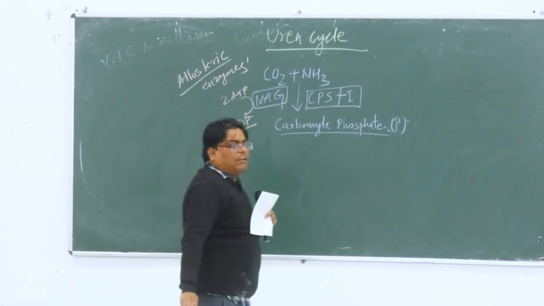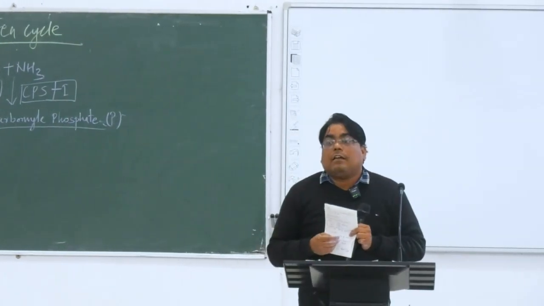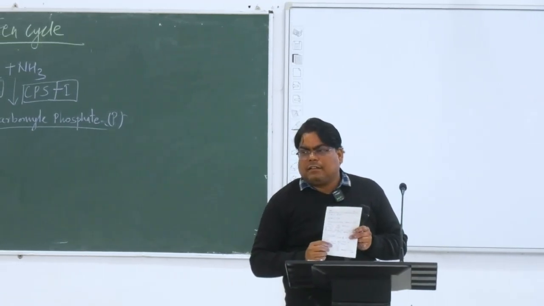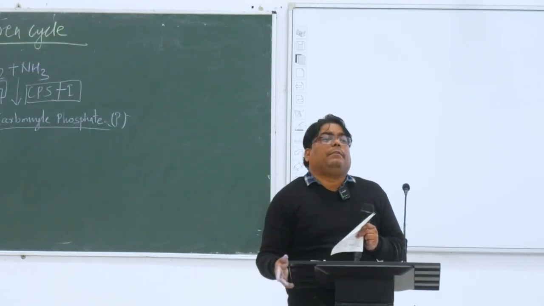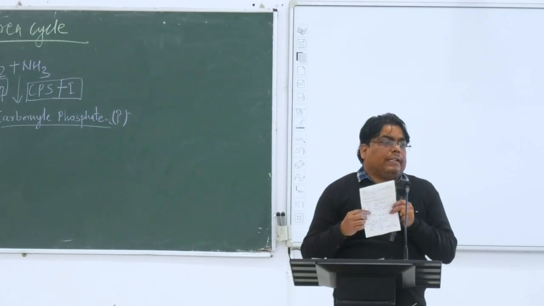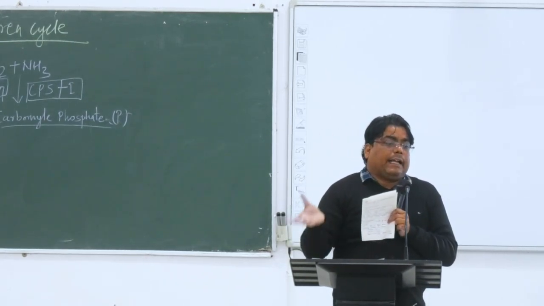Student, please tell, what is an allosteric enzyme? Yes. Allosteric enzyme is when there is a requirement of a coenzyme, there is an activator which attaches and can activate the enzyme.